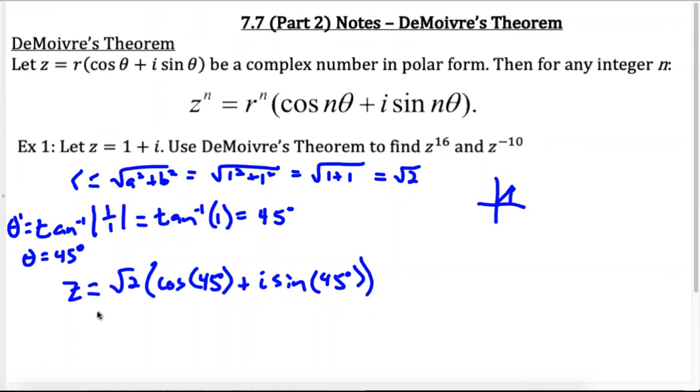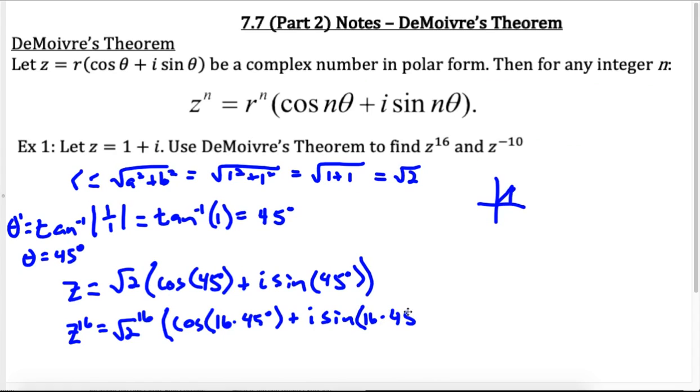First, we want to raise it to the 16th power. So z to the 16th power is going to be the square root of 2 to the 16th power times the cosine of 16 times 45 degrees plus i times the sine of 16 times 45 degrees. Then we can simplify. The square root of 2 to the 16th power, we could put that in the calculator, or we could think, this is 2 to the 1/2 power to the 16th power.